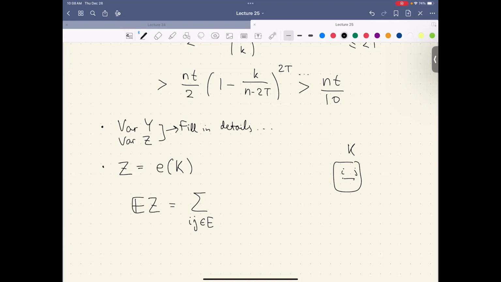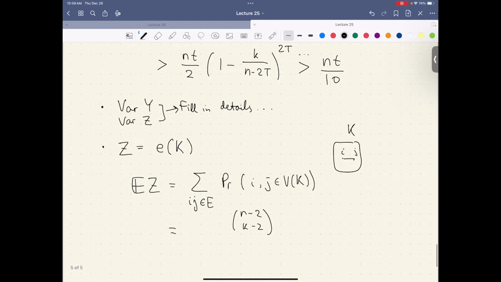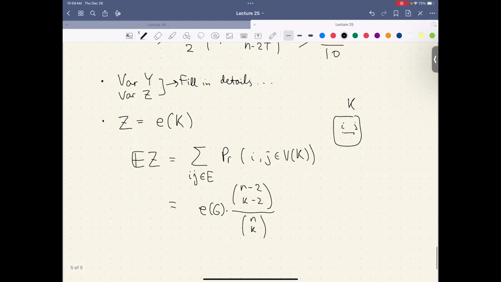This happens with probability, what? In the remaining vertices, n minus 2, we choose k minus 2, together with ij forming this k set, divided by the total number of choices. And for each ij, this is the same probability. So you just multiply by the number of edges, okay, this is good enough.